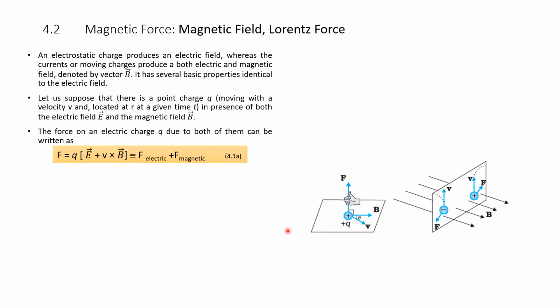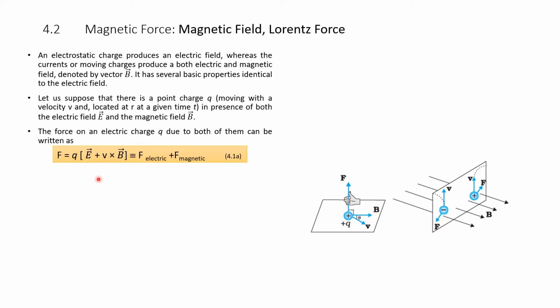Please see the figure. The quantities given in equation 4.1a are drawn in this figure. Here it shows the force F. Force F is perpendicular to the plane, and the magnetic field B is also perpendicular to F, at 90 degrees. The velocity, which is also a vector, is making an angle theta with respect to the magnetic field, and q is the charge.